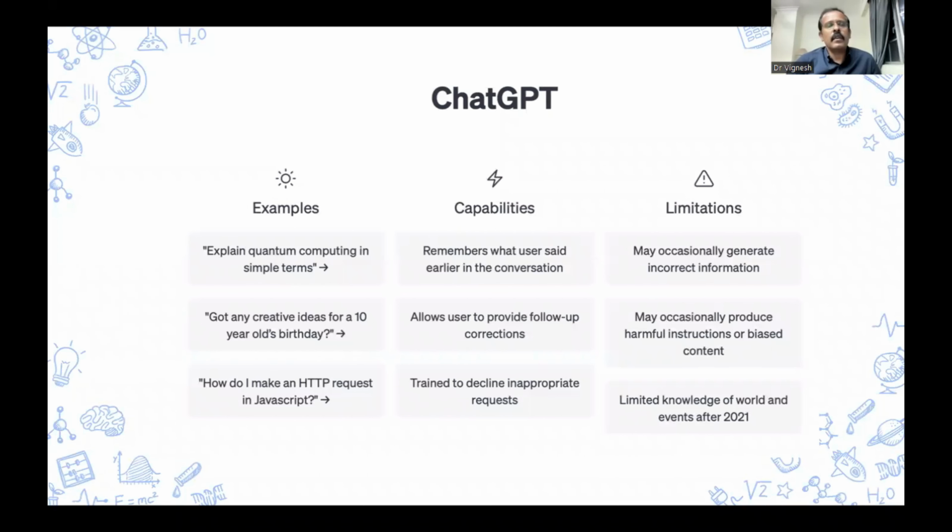You can ask it to prepare a personal statement. If you are applying for a scholarship or something, you can just ask it to prepare a statement, or you can have some preparation for interview questions. Likewise, the list goes on. So we will see how ChatGPT can be used in scientific writing.